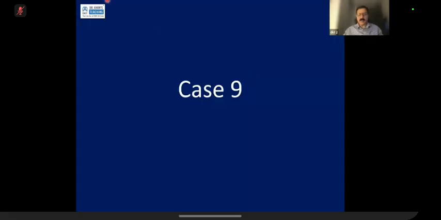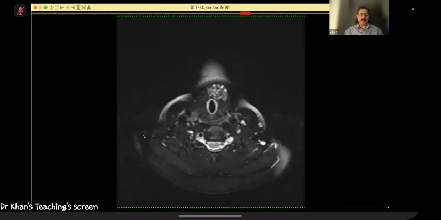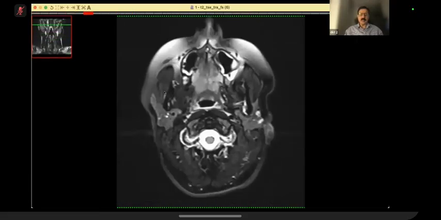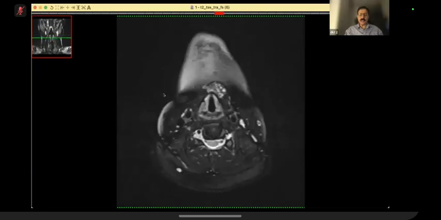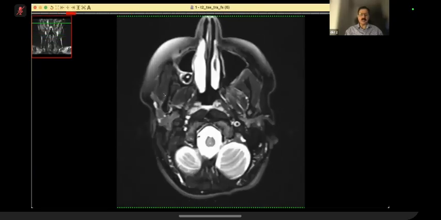So coming back with this to the case, when we do a neck MR, we do a STIR sequence, which is a fat-saturated axial.